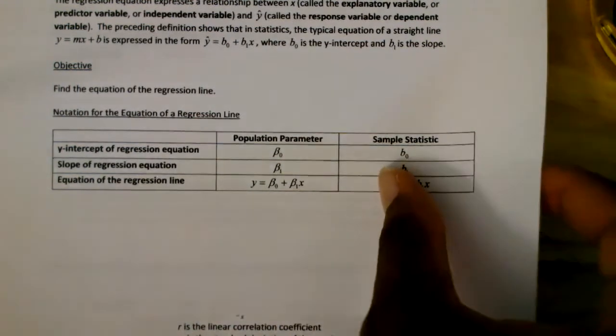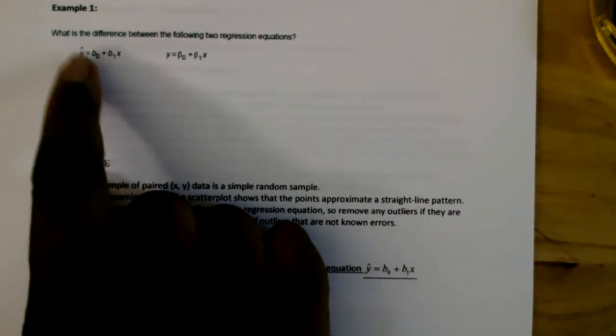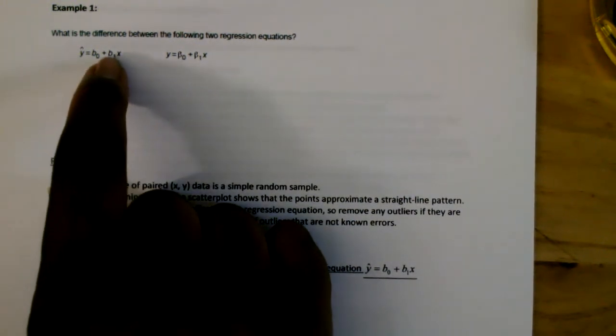All right. So now if we look at the next page, here's example 1. And this is just pretty much a review of what I just got through talking about. In this case, what is the difference between the following two regression equations? The one on the left is y hat equals b sub 0 plus b sub 1 times x.